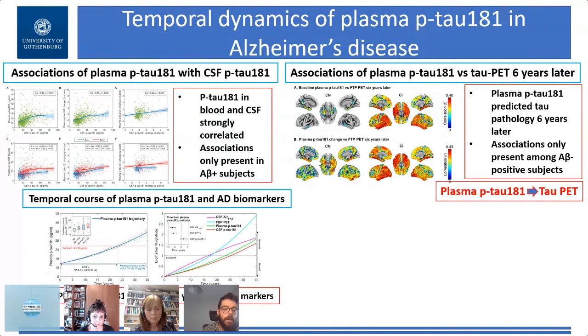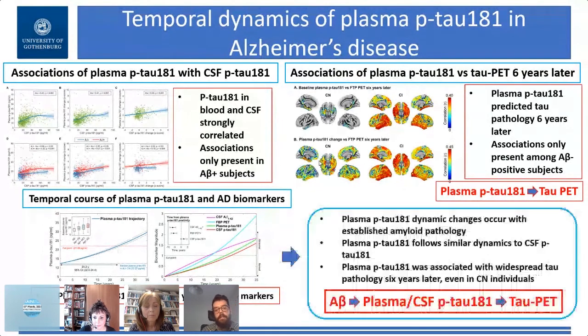And finally, we employed a previously developed method for the construction of long-term temporal trajectories of biomarkers using longitudinal data. With this method, we estimated that plasma phospho-tau becomes abnormal approximately 5 years after amyloid markers. And we can also see that plasma phospho-tau follows very, very similar dynamics as compared with cerebrospinal fluid phospho-tau.